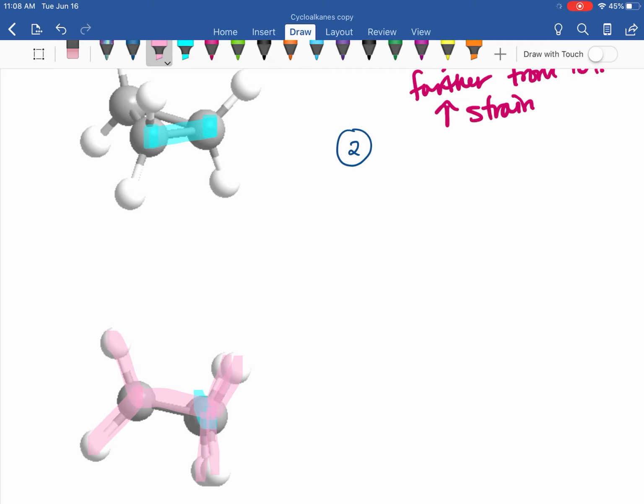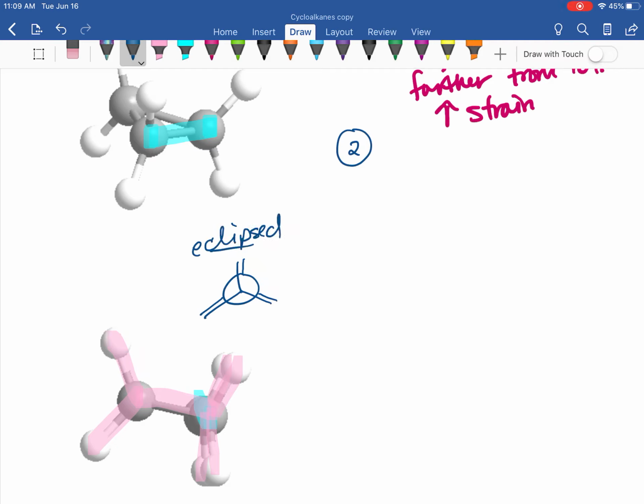If I were to picture an actual Newman projection, oh my gosh, look at that. Wouldn't I have to draw everything all in a line? Well, what kind of Newman projection is that?